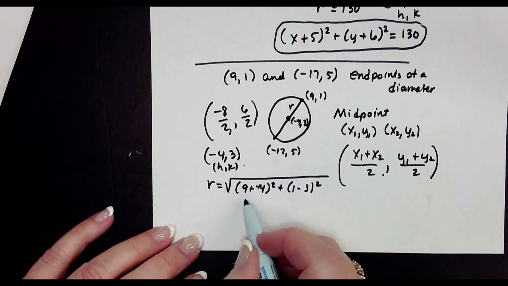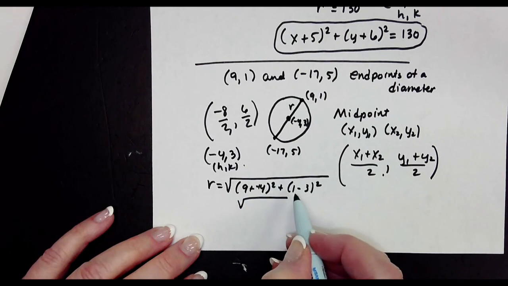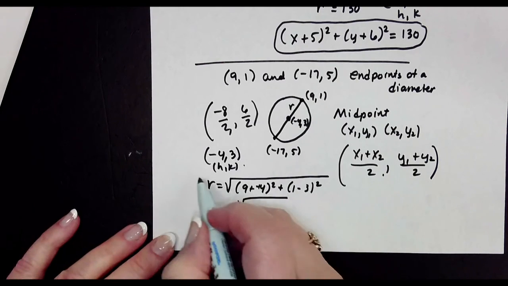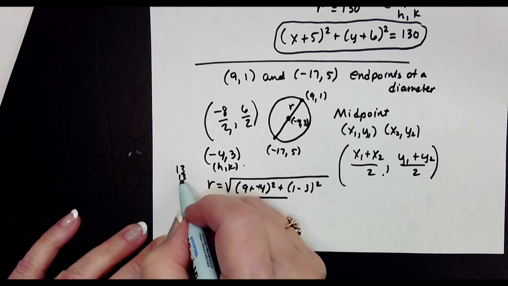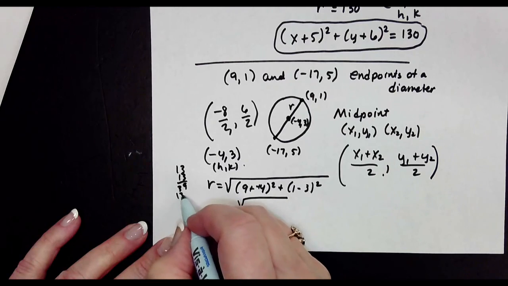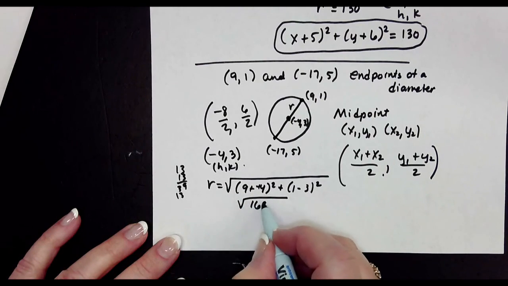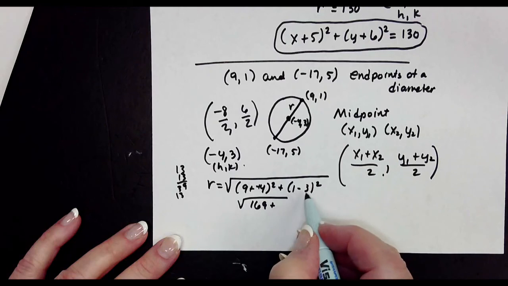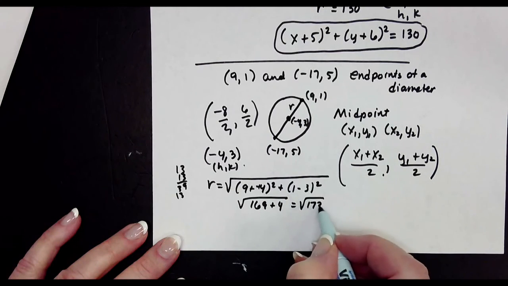So this gives me the square root of 13 squared, so 13 times 13 is 169. Negative 2 squared is 4. So I get the square root of 173.